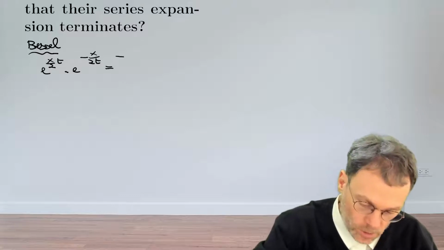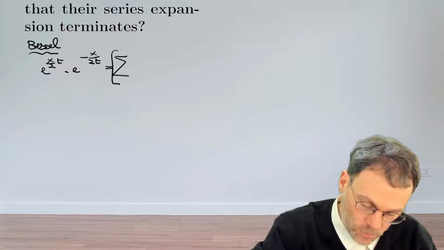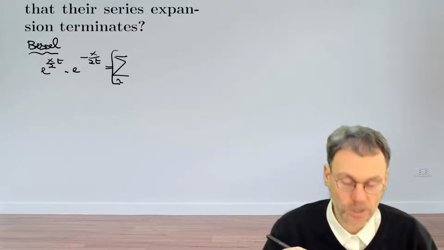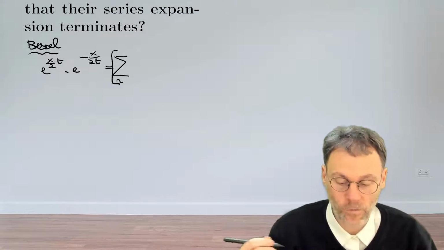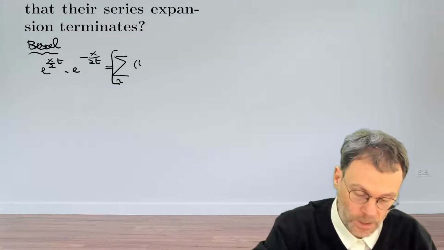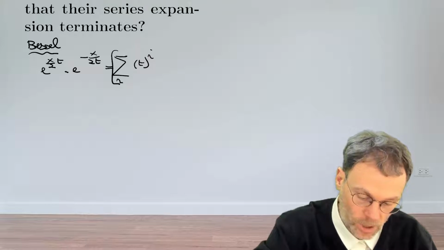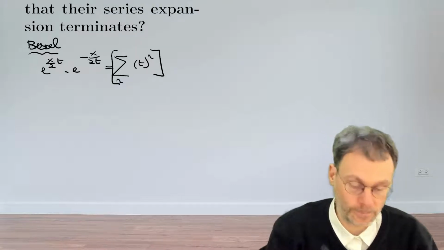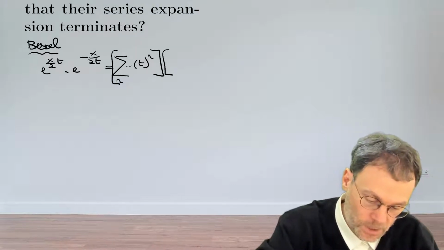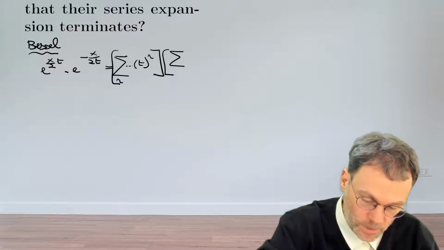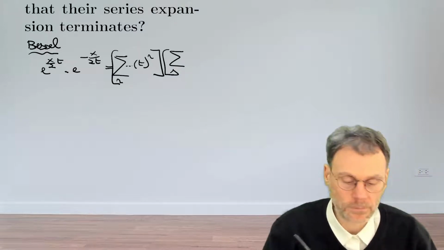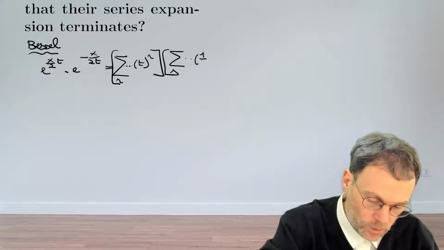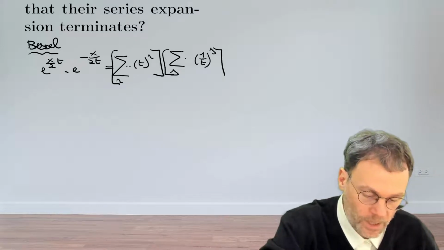So just focusing on the essential part here, if we write this as a series expansion, we have a sum over r and then something like t to the power of r for our first factor and some prefactors which we don't care about. And then for the second factor, we have a sum over s, and then we have 1 over t to the power of s.